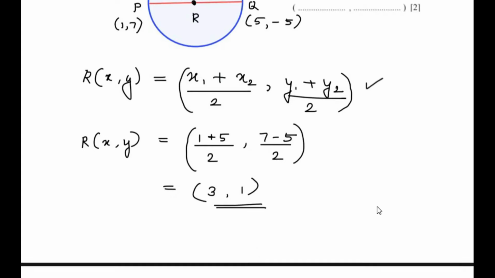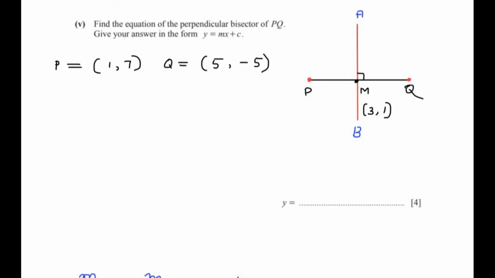Moving on to the next one. Find the equation of the perpendicular bisector of PQ. Give your answer in the form y equal to mx plus c. Now here we have to consider the line PQ and its perpendicular bisector. A perpendicular bisector is a line which cuts the line PQ into 2 equal halves and makes a 90-degree angle with the line PQ.